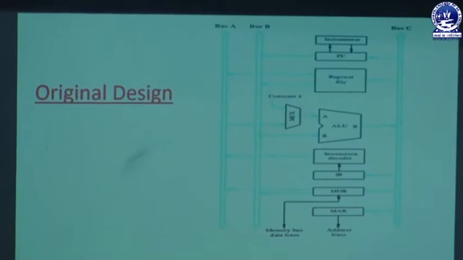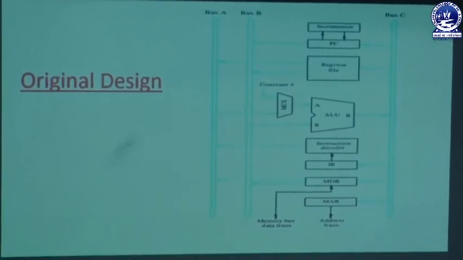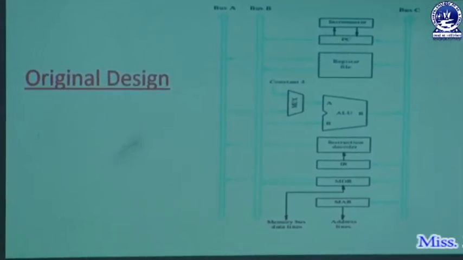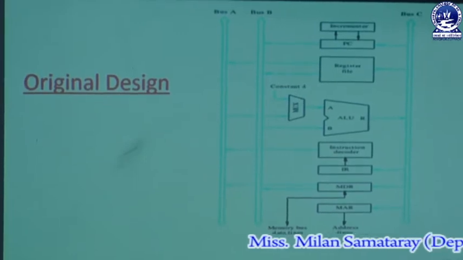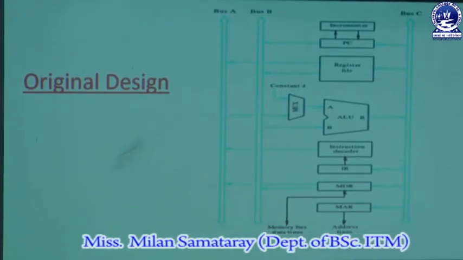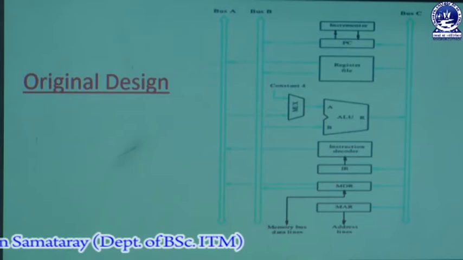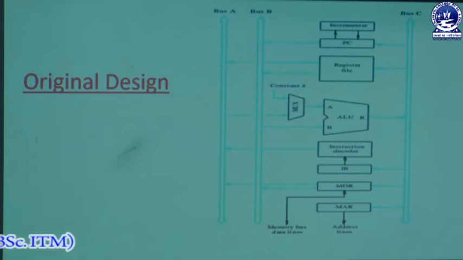So this is the design which I discussed in my previous lecture on multi-bus organization. Here we have used 3 buses, bus A, bus B and bus C. One bus acts to collect the outputs and the other 2 buses are used to give the inputs.